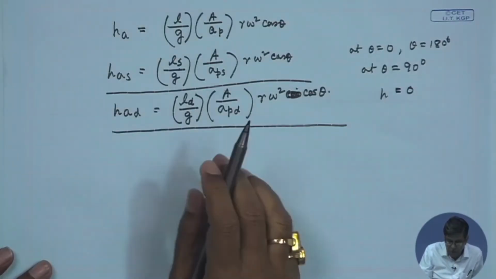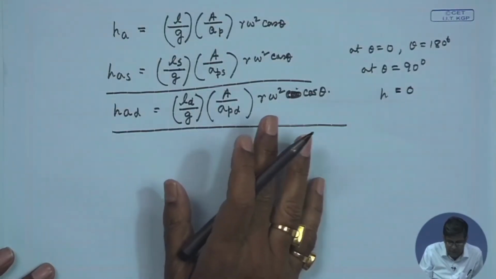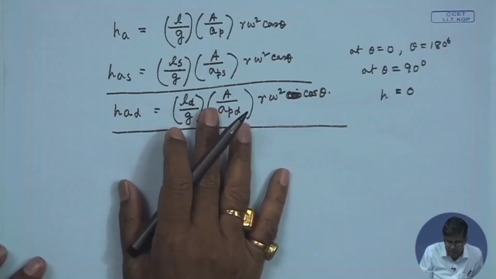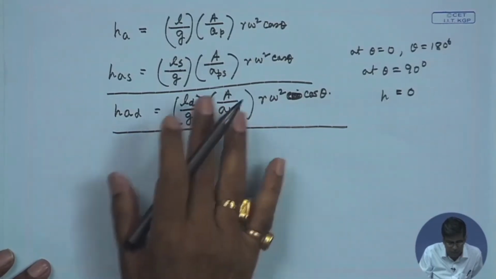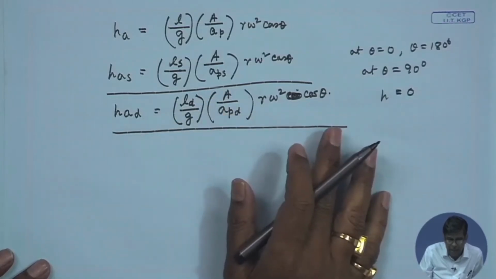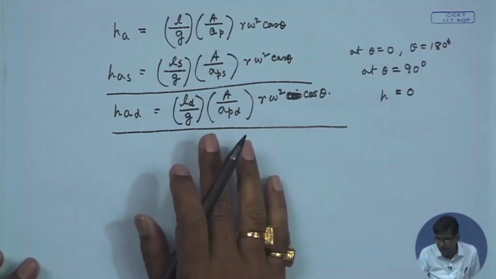Therefore, we have an idea of how the acceleration head is generated and how it acts in the cylinder to cause a change in the head in both the suction and the delivery stroke.